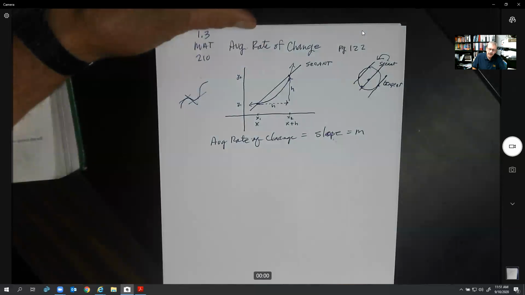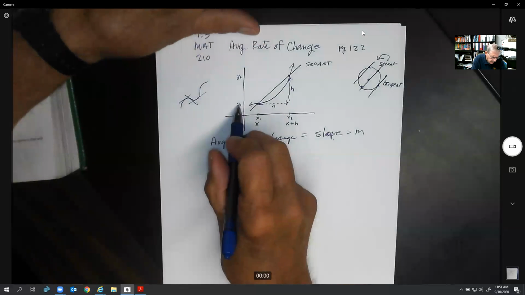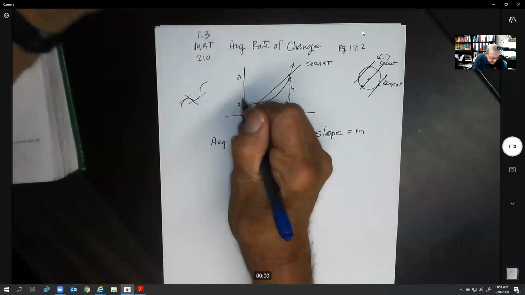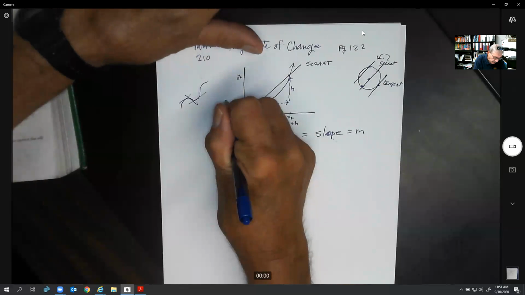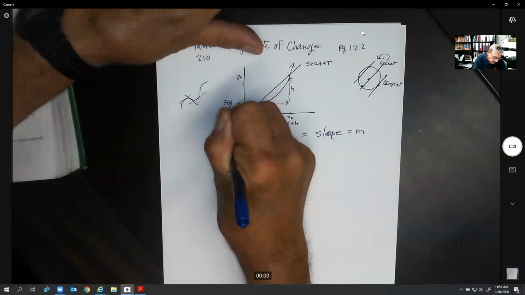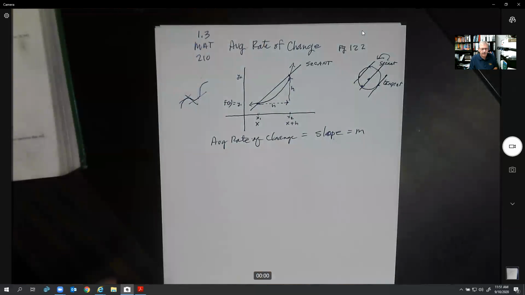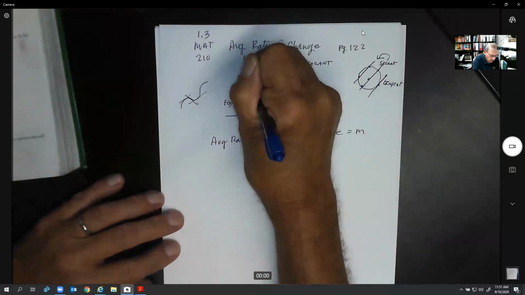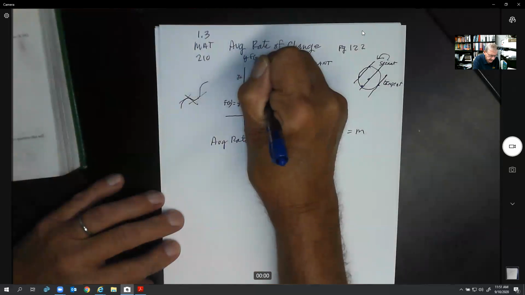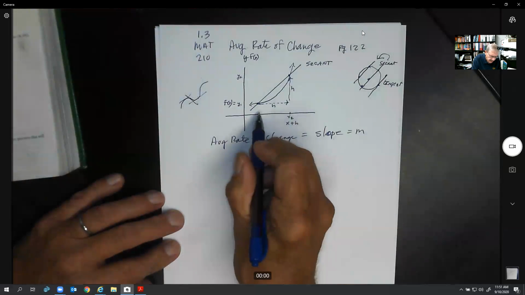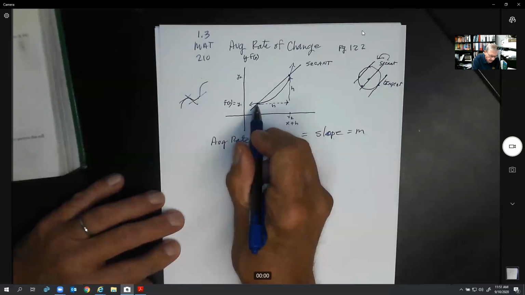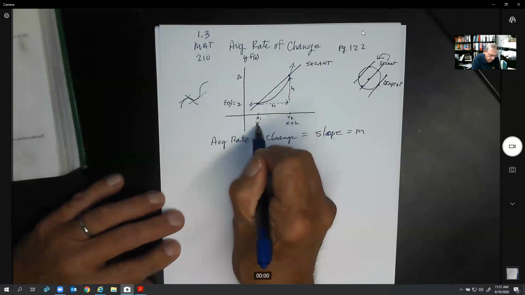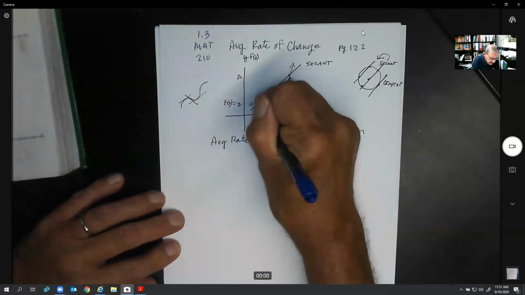Normally we would call this y sub 1, but it took me a whole year of calculus to figure out that f of x and y are the same thing. They could call this the y-axis or the f of x axis. So this really stands for the point x1, y1, but it also could stand for the point x, f of x.